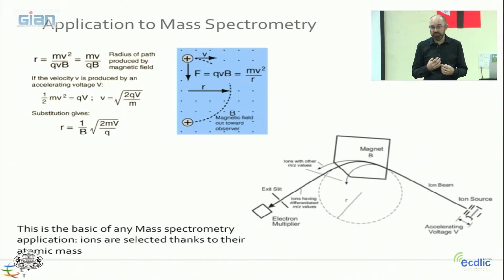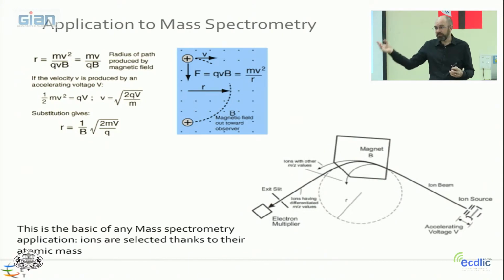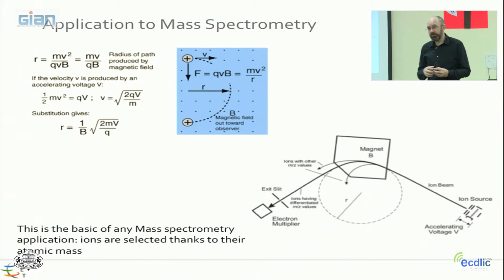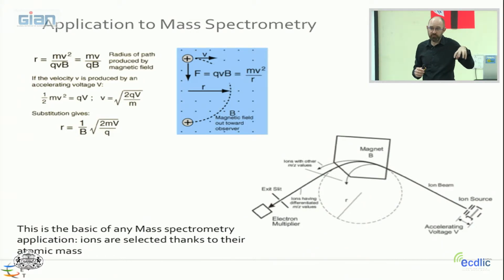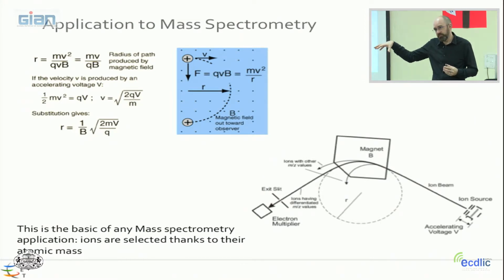So when you see a mass spectrometer, it's a big magnet and a flying tube. A flying tube is the place where the ions are flying and are deviating, and the rest is a system to emit them, to produce them, and a system to collect them and measure them. But in the middle, this is the basic application of the Lorentz law, an electric field, a magnetic field.